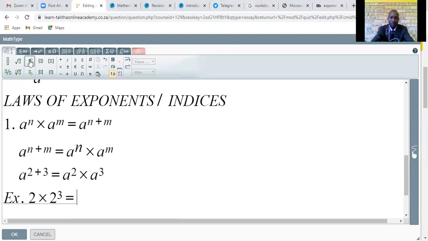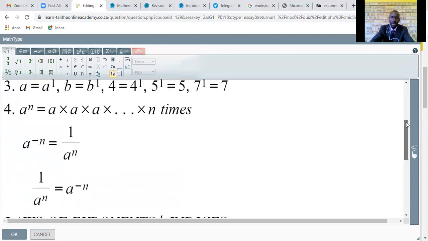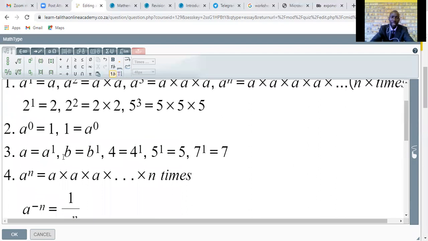Notice that we had already seen in one of the identities that a number written without a power can be written with a power of 1.